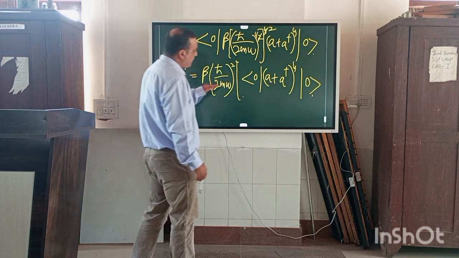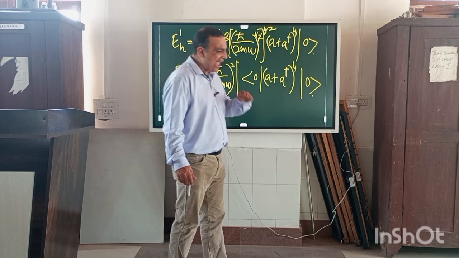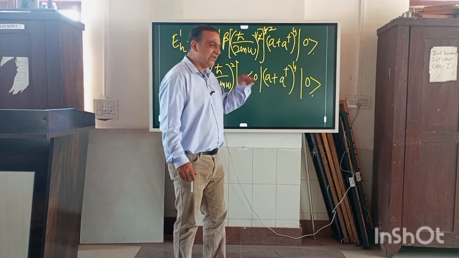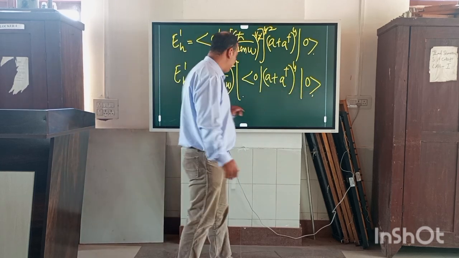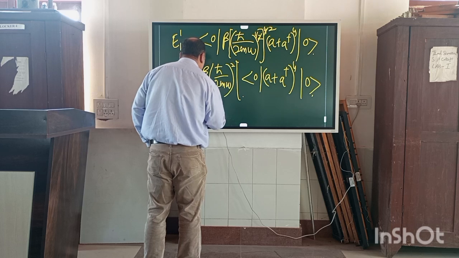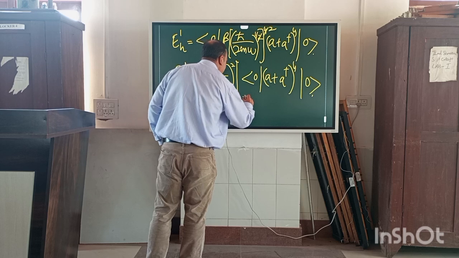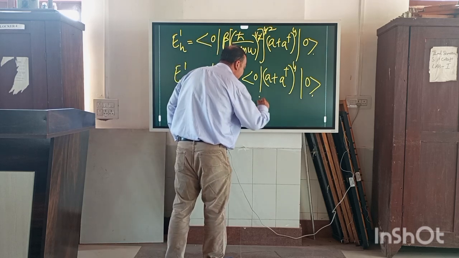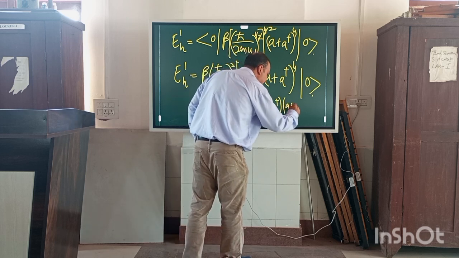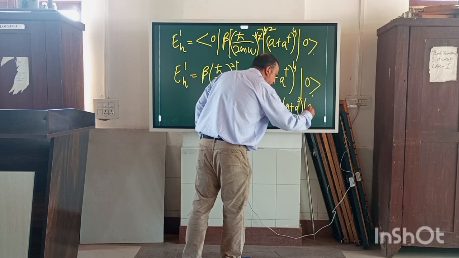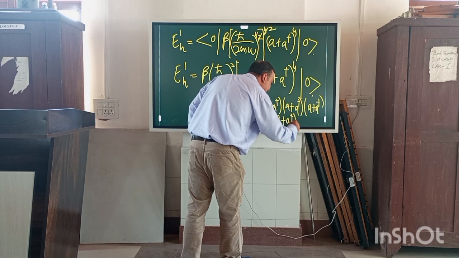Now, what is important here is that once we make the multiplication, the same kind of sequence has to be maintained while multiplying all of these operators. So what we have is beta h bar by 2m omega squared, then 0, and then a plus a dagger multiplied with a plus a dagger, multiplied with a plus a dagger, then again multiplied with a plus a dagger, then close.